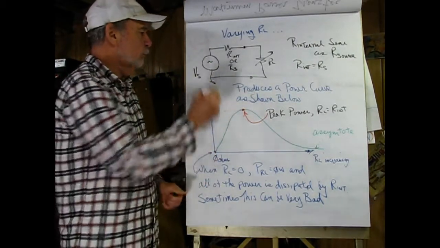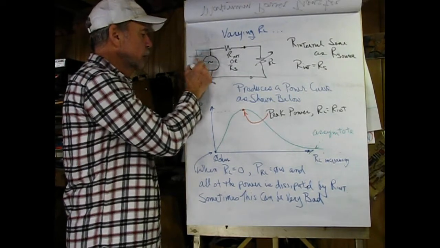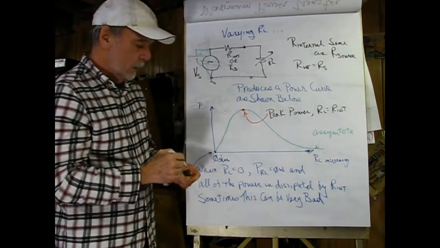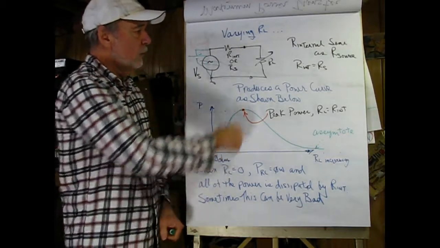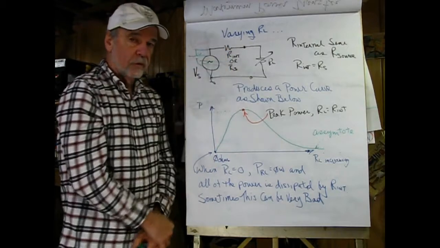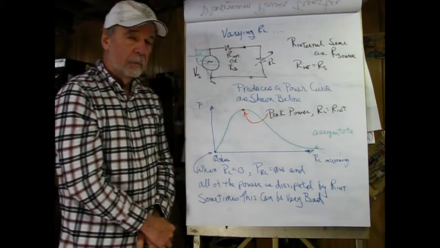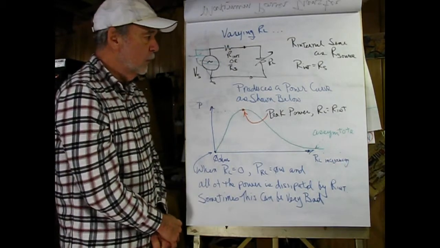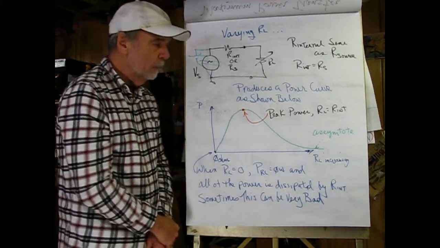Let me just make this clear real quick. Show a little battery there. What we're going to do is adjust the load resistance here, while the internal resistance of the source may or may not be adjustable. Like for a battery, it certainly is not. As a matter of fact, as the battery ages, we might say that the internal resistance goes up.